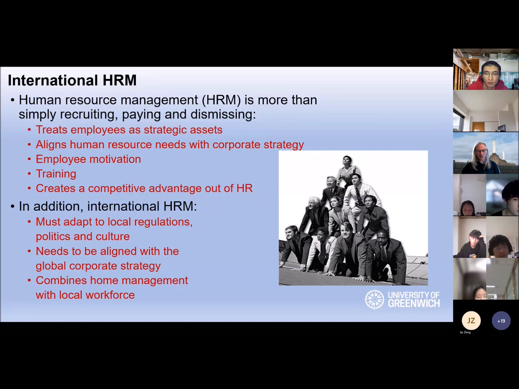HRM then, Human Resource Management. There used to be a department in companies called the Personnel Department. And the Personnel Department was a basic administrative function looking after hiring people, paying people, organizing their vacation or their holiday time, and then firing them or retiring them when they're finished.